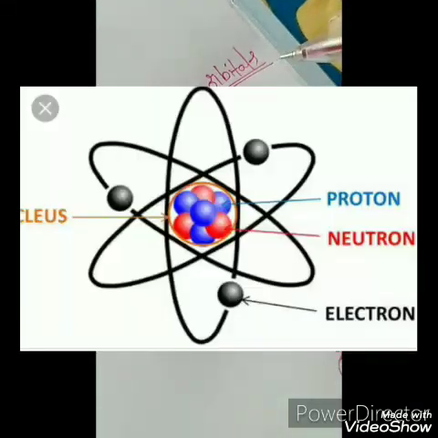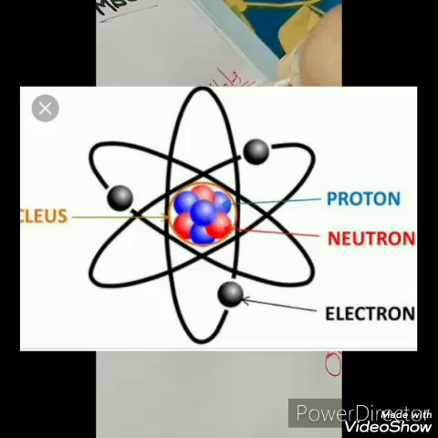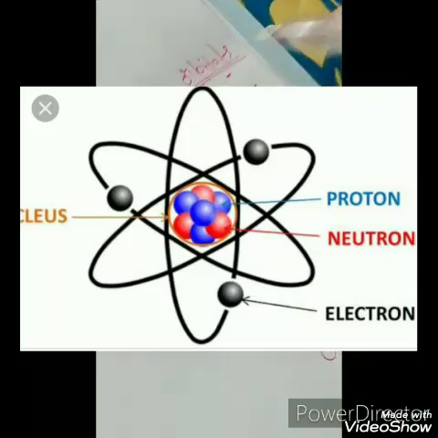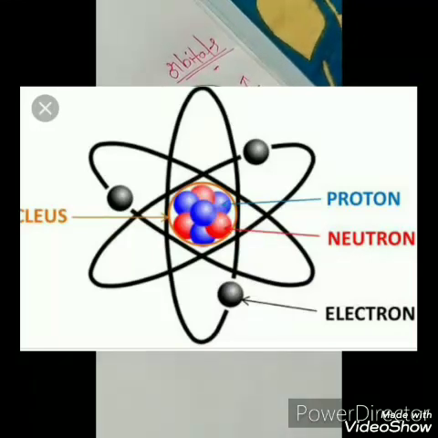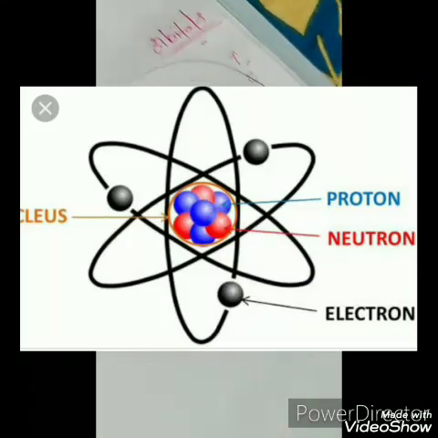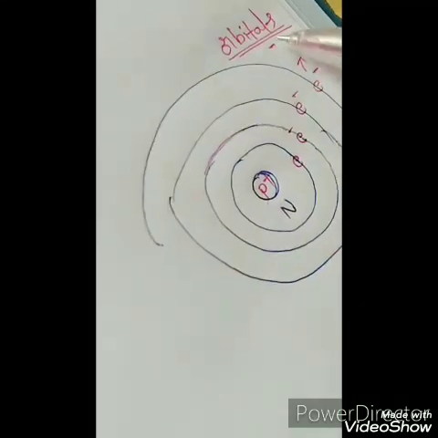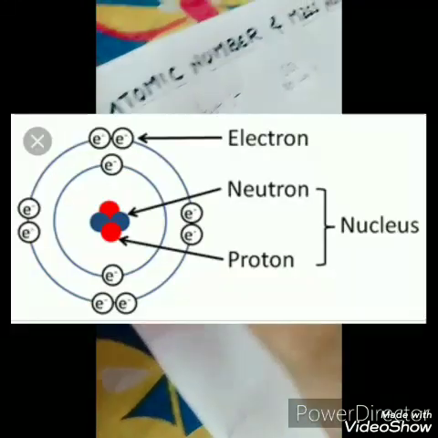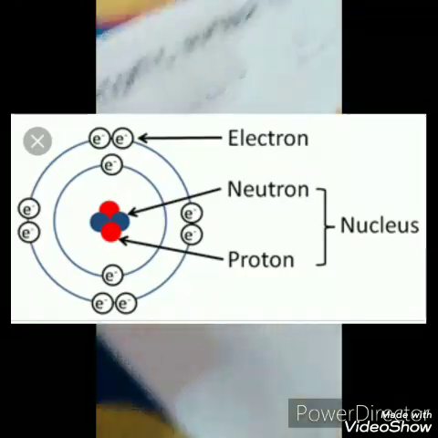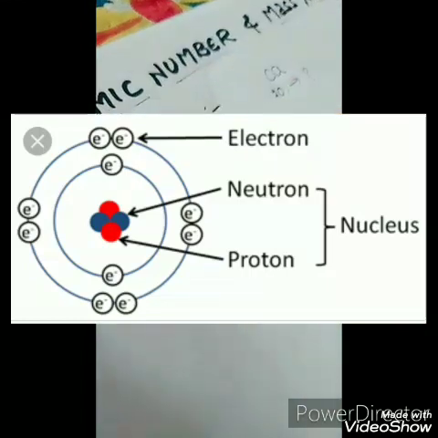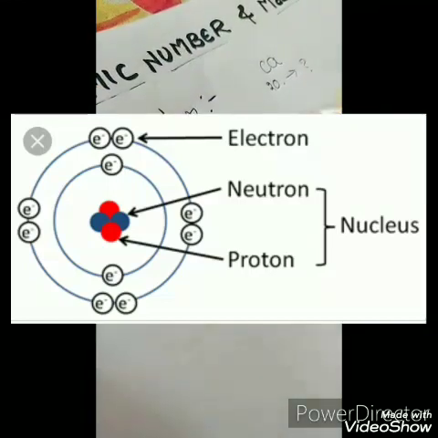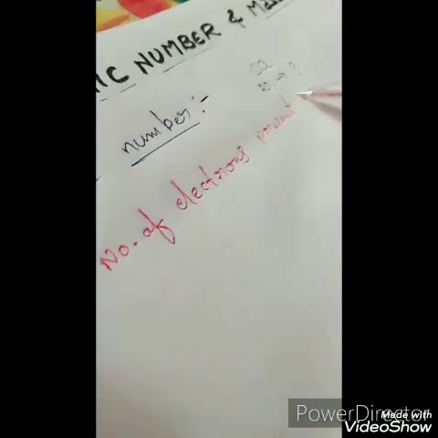So here we can say that the definition of the orbital is the probability of finding the electron around the nucleus in a specific orbit, that is called orbital. And coming to here, atomic number indicates the number of electrons present in an atom.